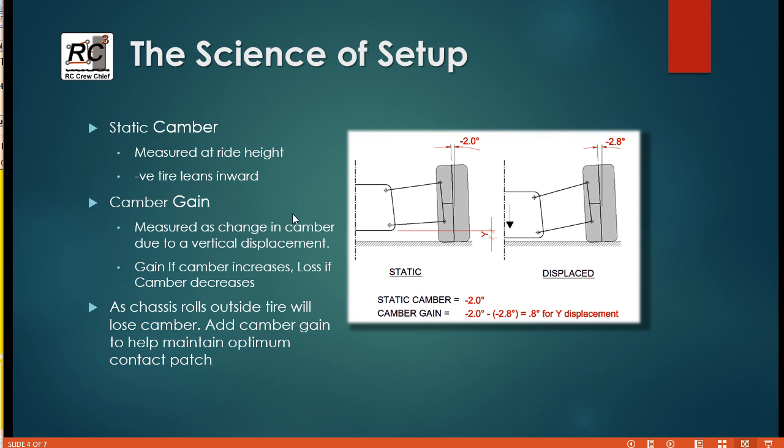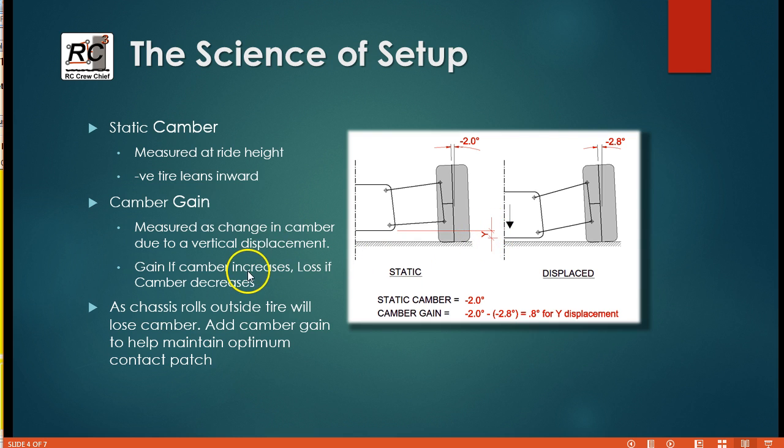Camber gain is measured as a change in the camber due to the vertical movement of the chassis. So you can see here in the second graphic that we've displaced the chassis down, and our -2 degrees of camber has now become -2.8. So in this example, the camber gain would be -2 minus 2.8, which gives you 0.8 degrees of camber gain for whatever value of displacement that we have used here.